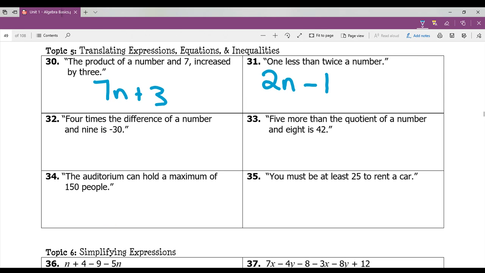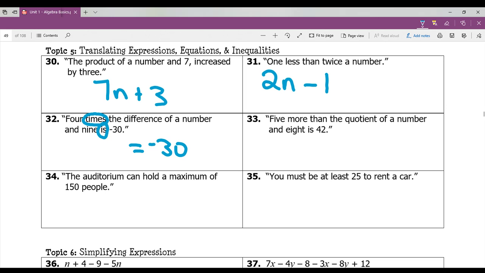4 times the difference of a number and 9 is negative 30. So I see this word is. I know I'm going to have an equal sign somewhere because I'm making an equation. And then negative 30 is going to go on one side of it. Now we're going to figure out 4 times the difference of a number and 9. We know times is multiplication, so we have to multiply somewhere.